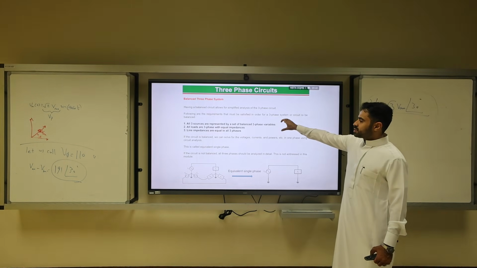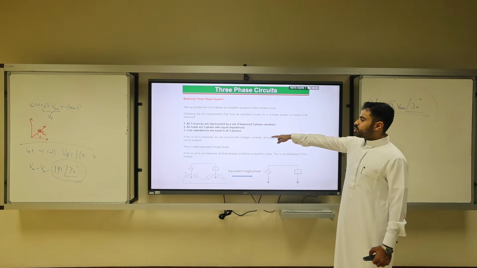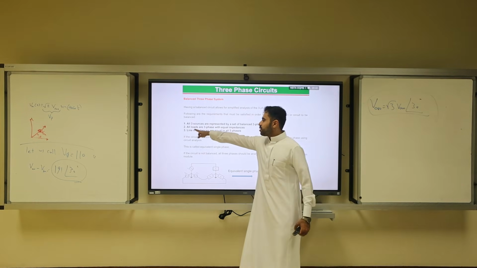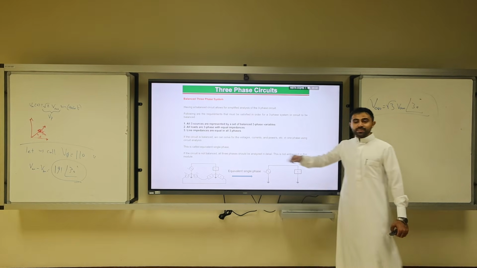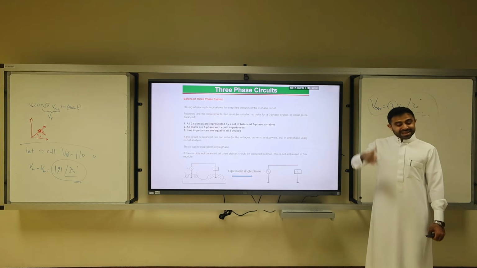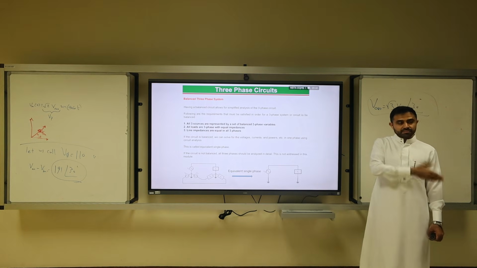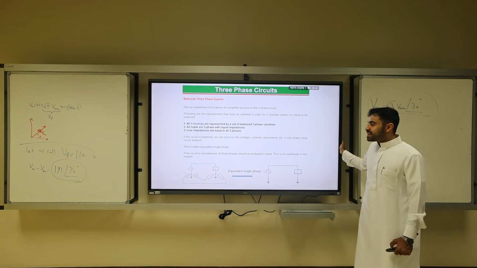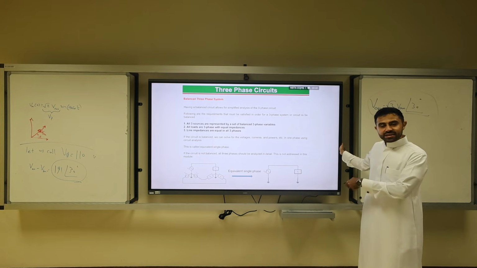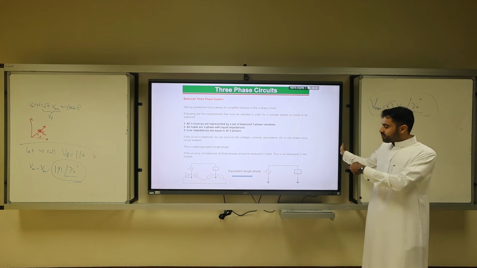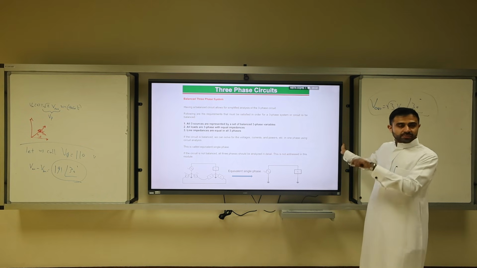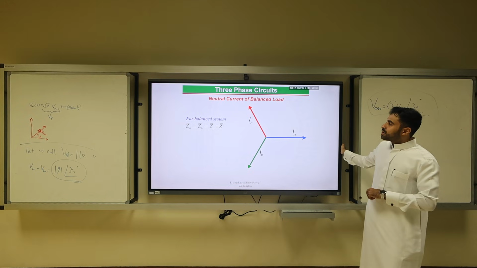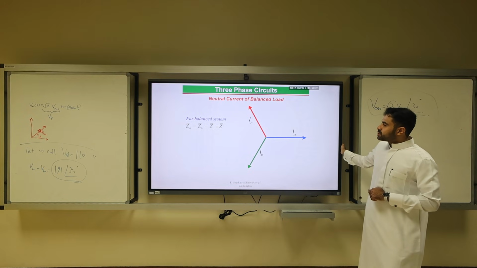These are the requirements. But here we also add the requirement for the loads. All the loads have to be equal impedance, so basically they have to be exactly the same. If the circuit is balanced, we can use the single phase circuit and solve it. And for VBN, VCN, you just subtract 120 degrees. So this is the neutral current of a balanced load.